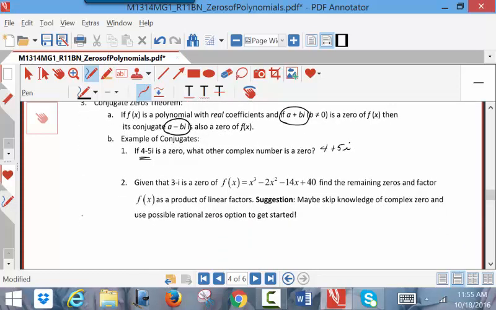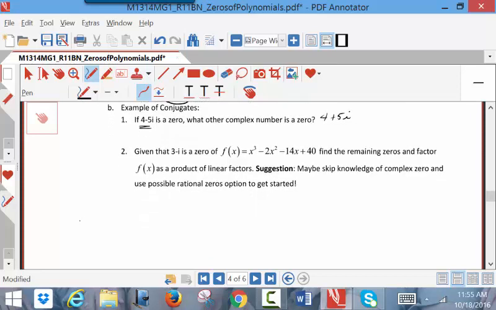Okay, so let's look at where this goes. Look at number 2. Given that 3 minus i is a 0 of this polynomial, find the remaining zeros and factor. Okay, so immediately, if 3 minus i is a 0, 3 plus i is also a 0, because they must come in pairs, in what we call conjugate pairs.